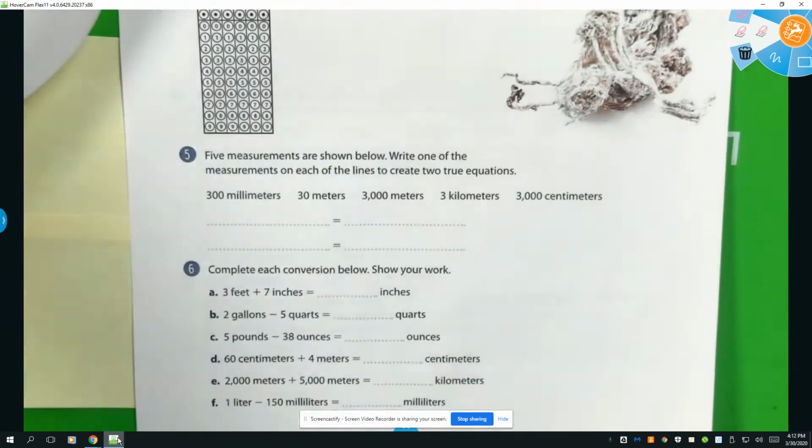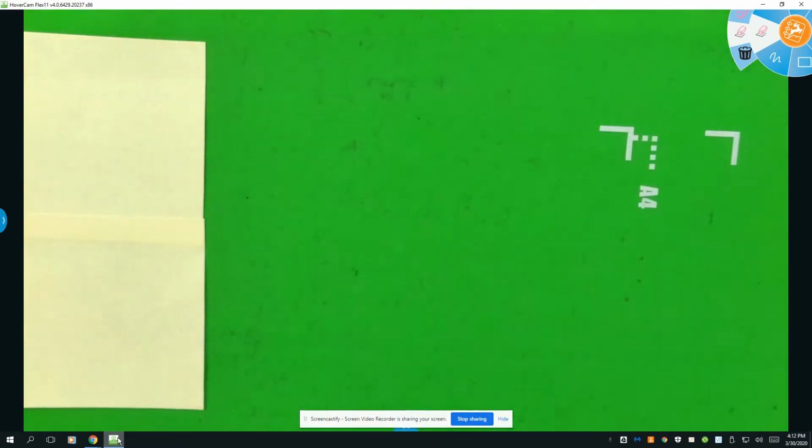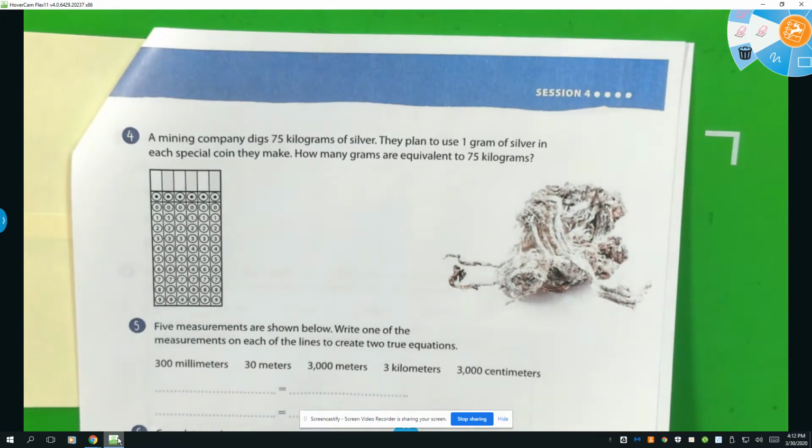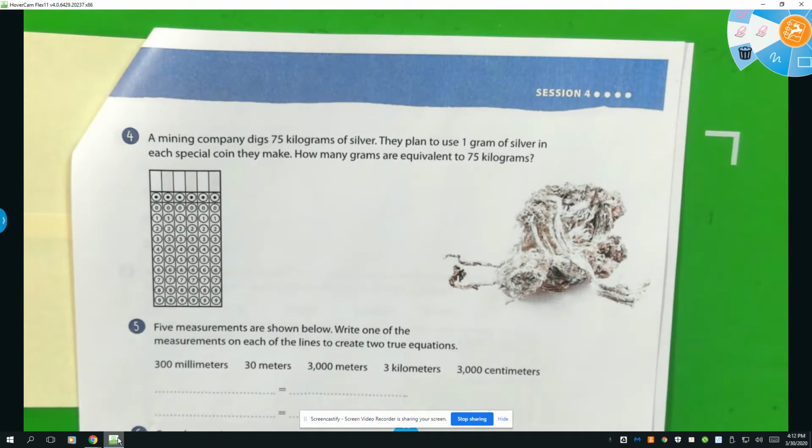Okay, now number 4. A mining company digs 75 kilograms of silver. They plan to use 1 gram of silver in each special coin they make. How many grams are equivalent to 75 kilograms?